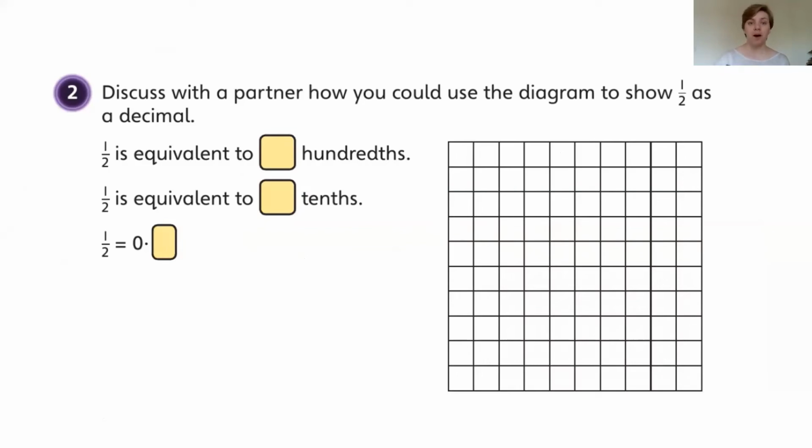Think together, question 2. So discuss with a partner, you could discuss it with anyone who's in your house, how you could use the diagram to show 1/2 as a decimal. So how could you use this 100 square to show a half as a decimal?